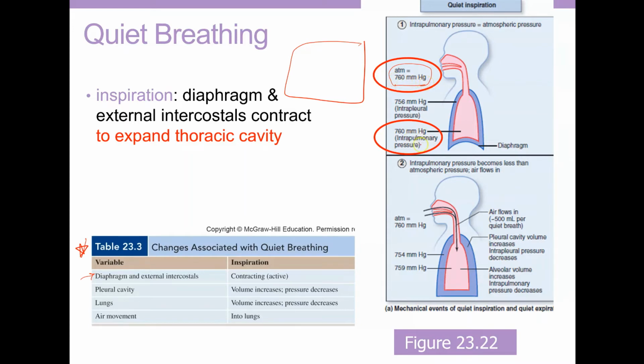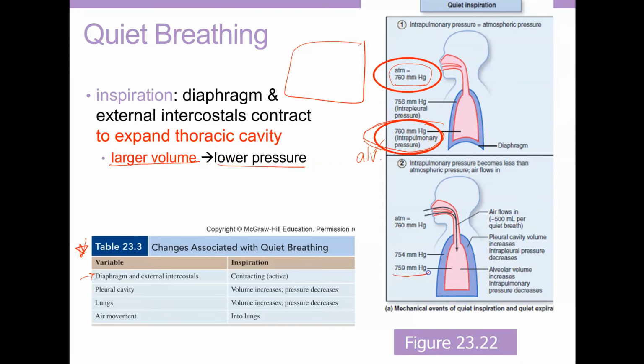The intrapulmonary pressure, which is the pressure that's in the alveoli, which hopefully you remember, is 760 at this moment. And then what's going to happen when we expand the thoracic cavity, we're going to give it a bigger volume. When we give it a bigger volume, what's going to happen to this pressure here? It will lower.